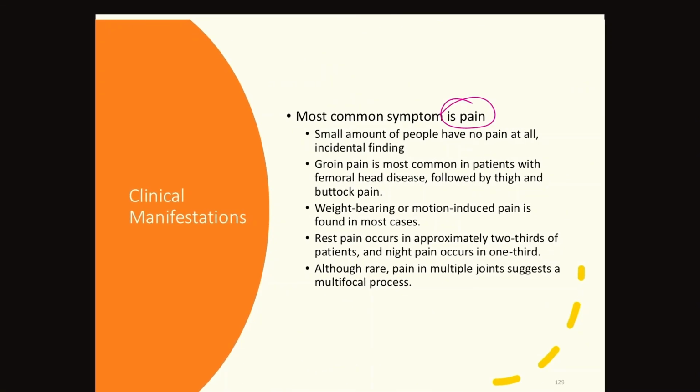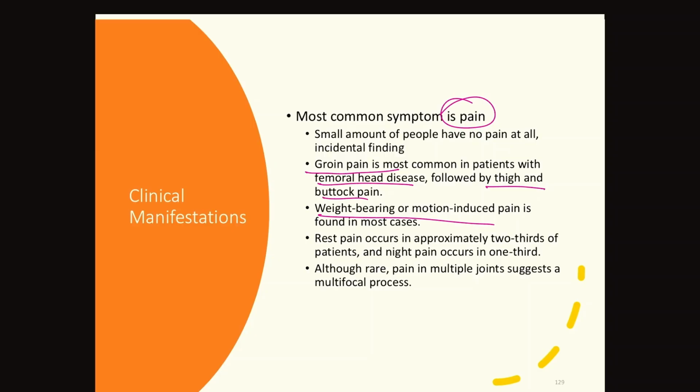Most common is going to be pain for these patients. Small amount will have no pain at all. Groin pain is very common if it's femoral head disease. They're going to be complaining about groin pain if the femoral head is the problem, followed by thigh and buttock. Weight-bearing or motion-induced pain is the most common presenting symptom when they show up.